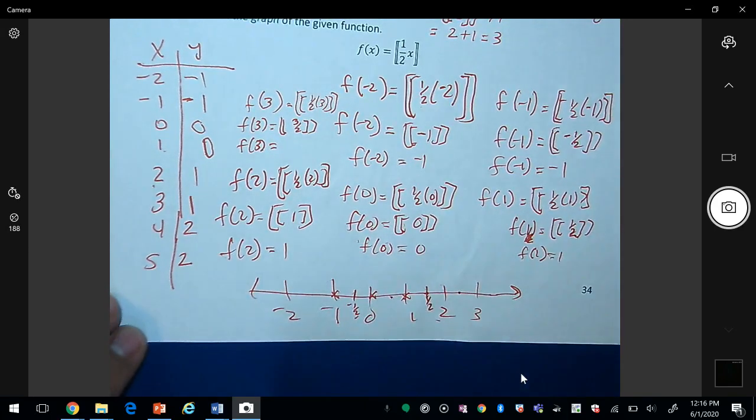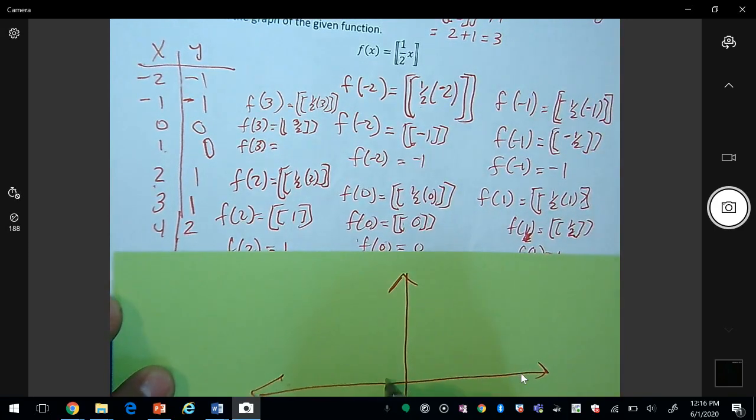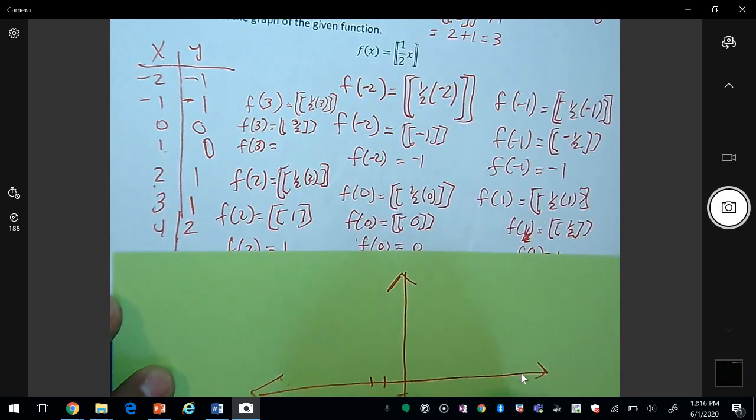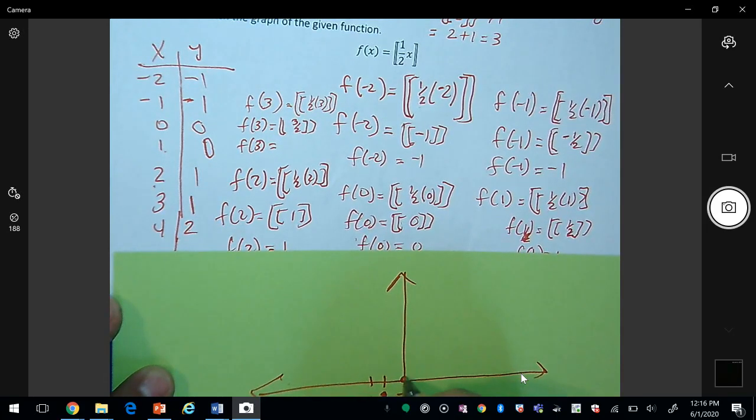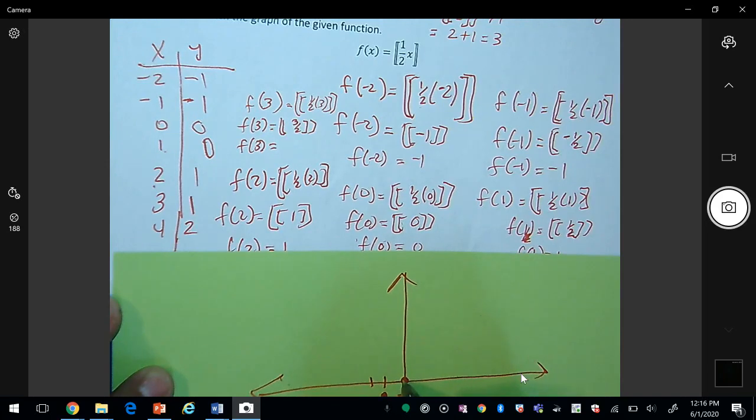So if we want to plot this, we have -2 and -1. This right here, -1 and -1. 0, 0 is right here. And then we have 1 and 0, which is right here.